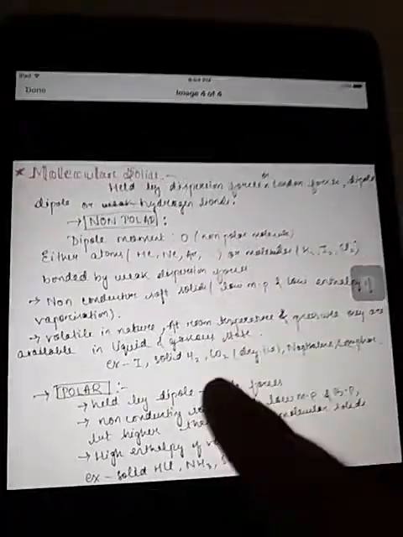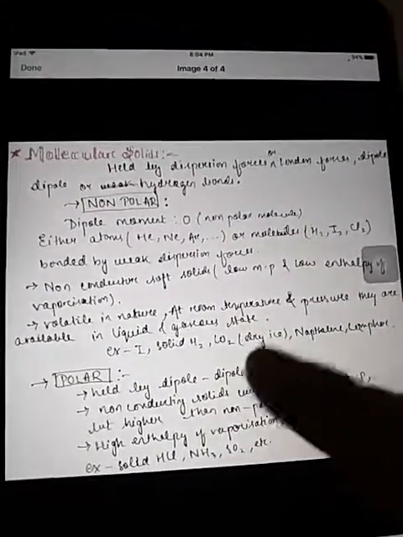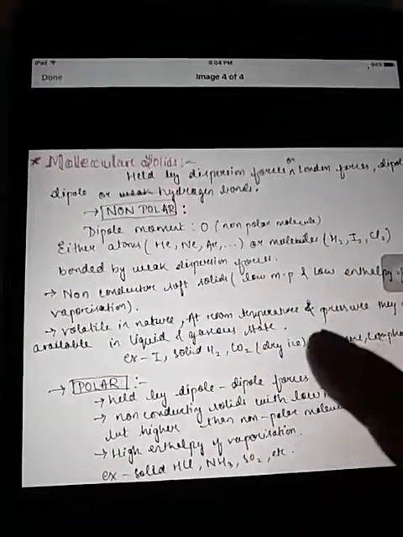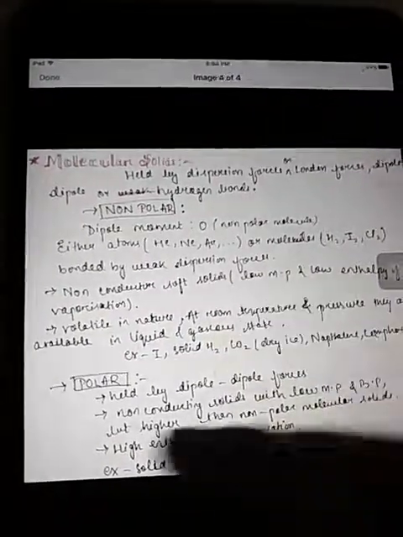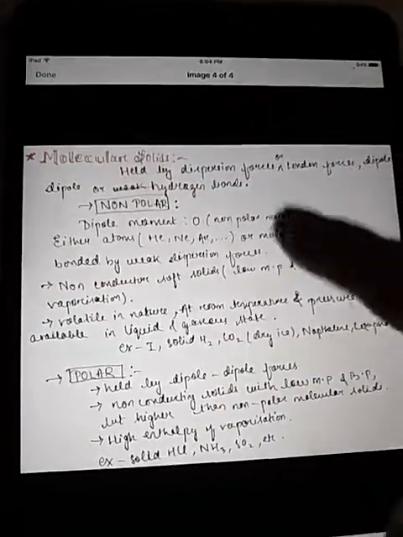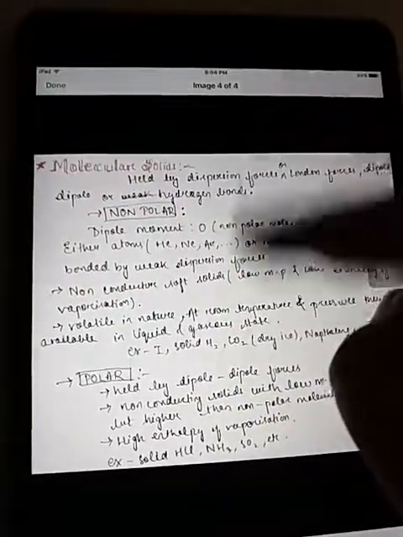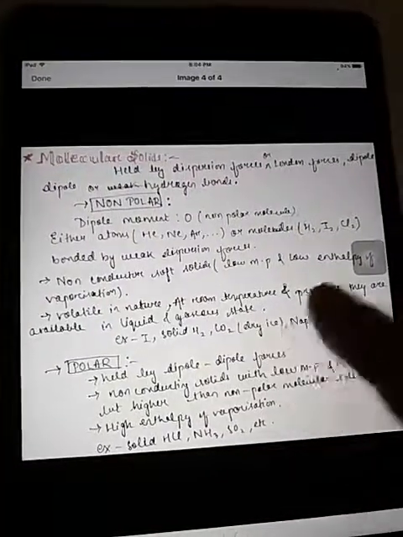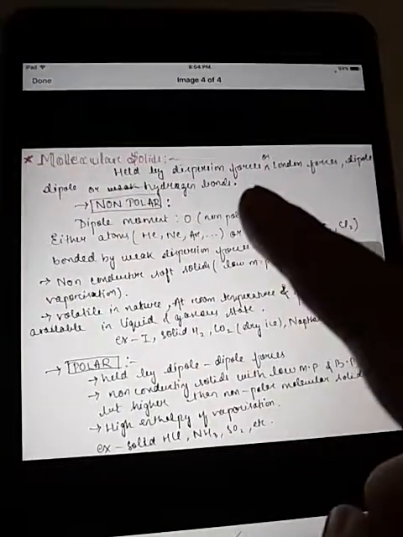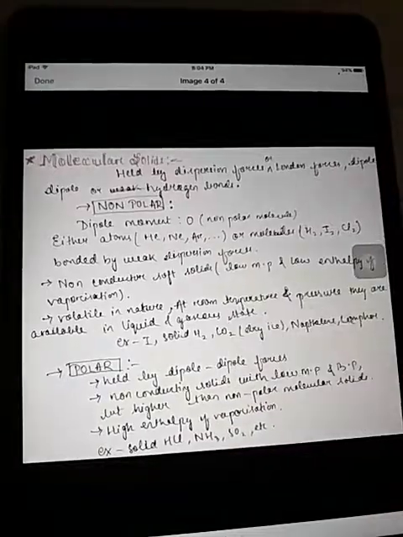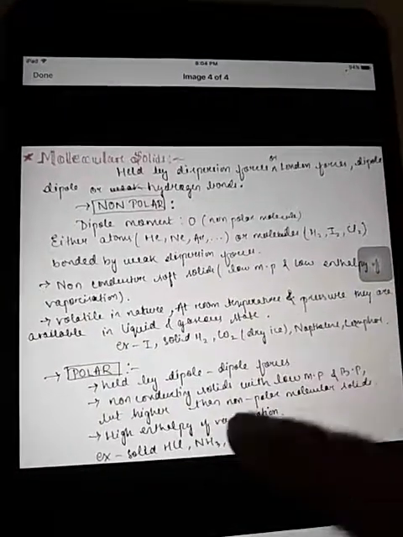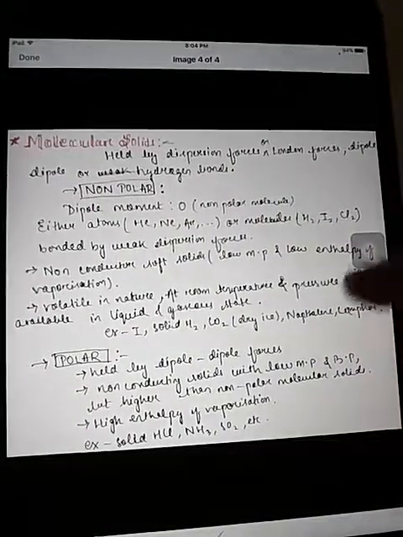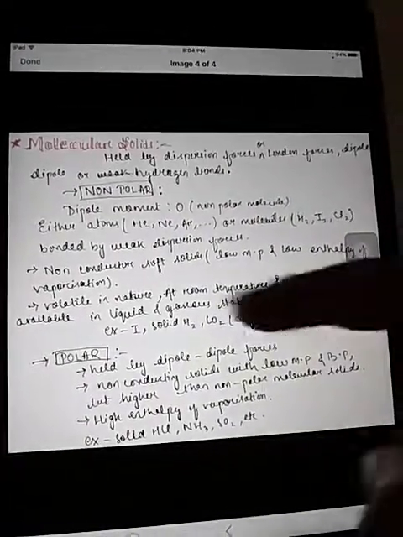But when we convert carbon dioxide from the solid state, it becomes dry ice, and the gas-to-solid conversion goes under the category of molecular solid. But carbon dioxide gas itself has dipole moment 0, so it will go under nonpolar, though it is a covalent one.